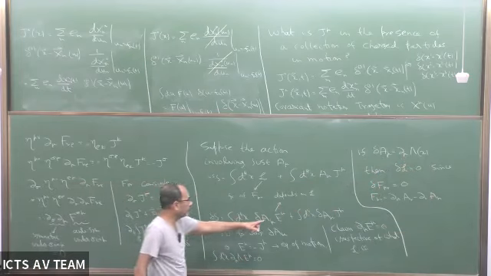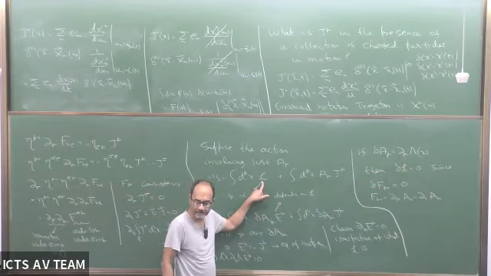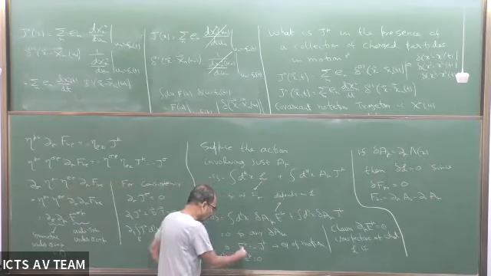Because this came by varying L, varying this integral d4x times L. So you can do the integration by parts.